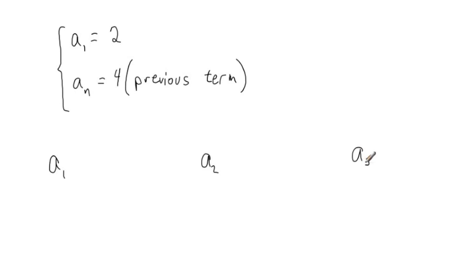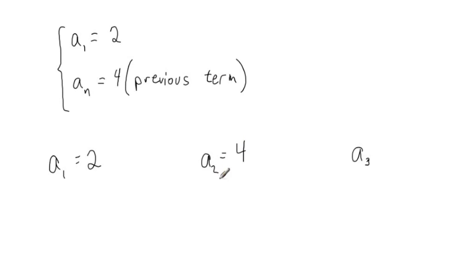You might be asked to generate the first 5 terms or the first 7 terms. You can do the exact same process to go as far as you need to. A sub 1 is always the easiest term to find because it's given to you. A sub 1 is 2. To find a sub 2, I need to take 4 times the previous term.